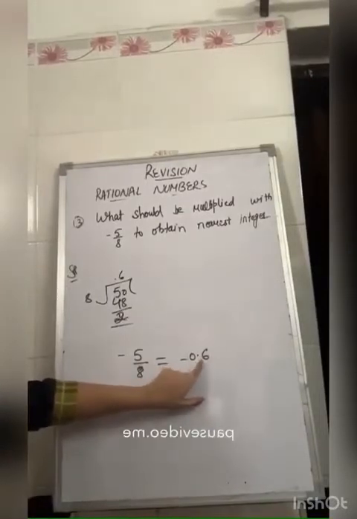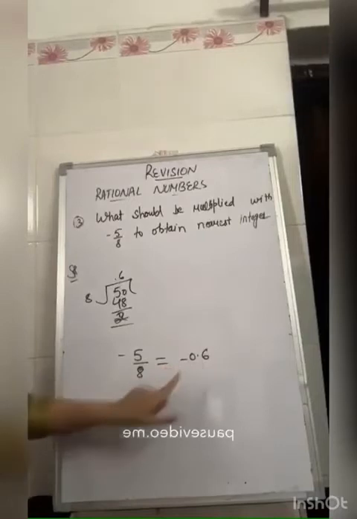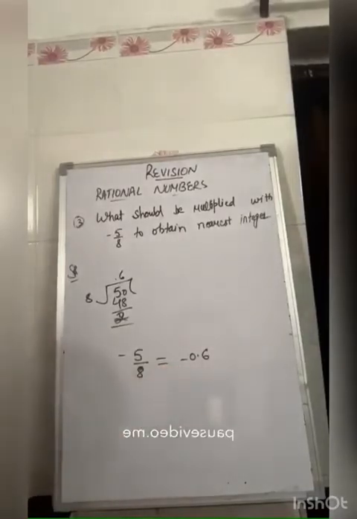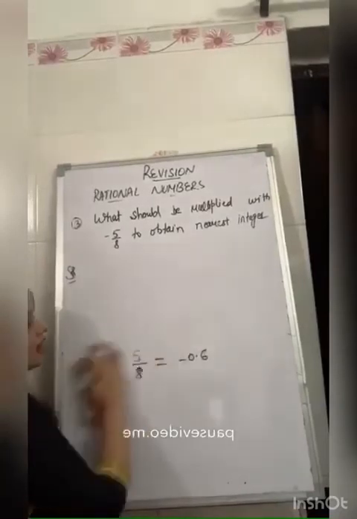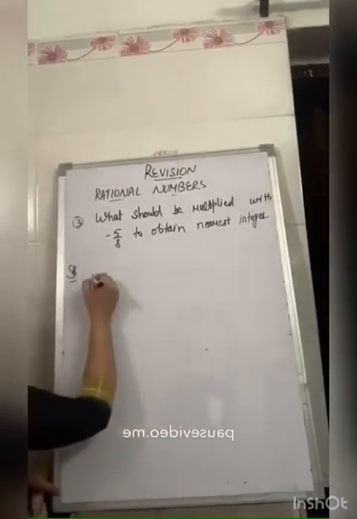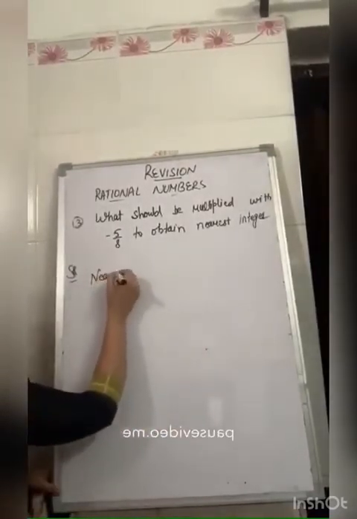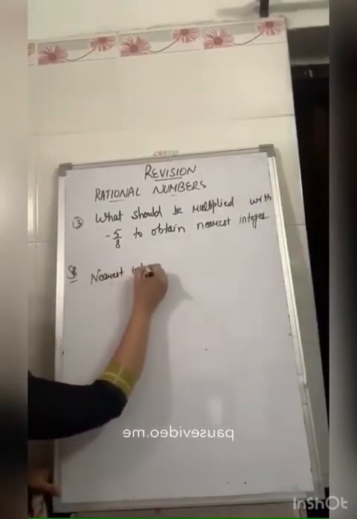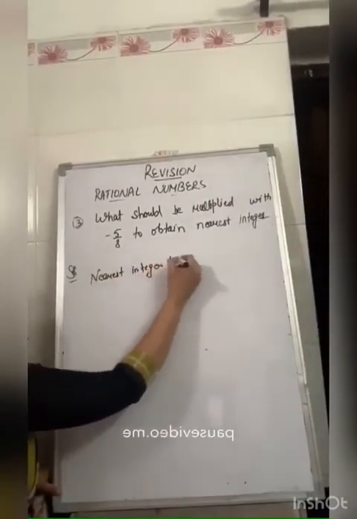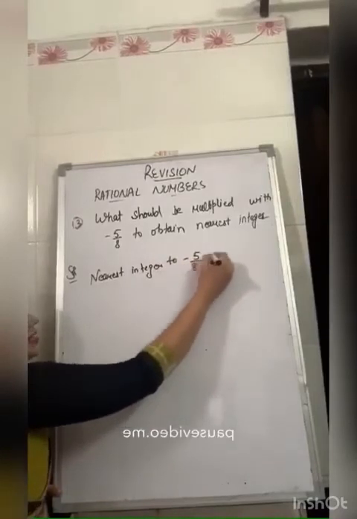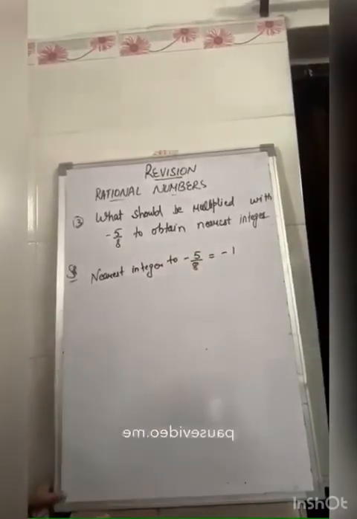Now minus 0.6 is nearest to which integer? It is nearest to minus 1, as we discussed in our last question. Similarly, we will write here: nearest integer to minus 5 by 8 is minus 1.